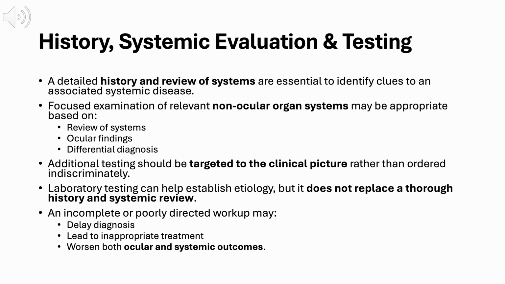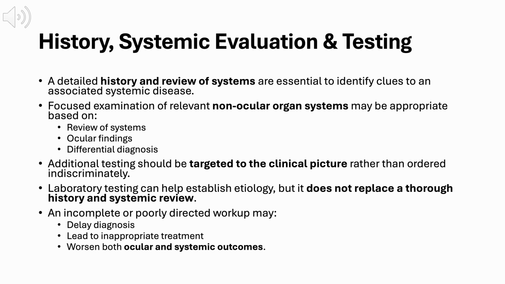Let's put some numbers to the problem. Uveitis is a major cause of visual disability. It accounts for roughly 10% of blindness in the United States and Europe, and possibly up to 25% worldwide. Prevalence varies widely by region, about 58 to 121 cases per 100,000 in the US, but reported as high as 730 per 100,000 in the developing world.